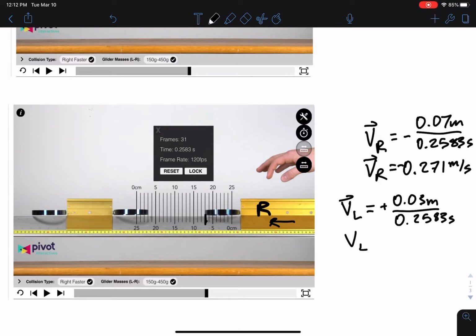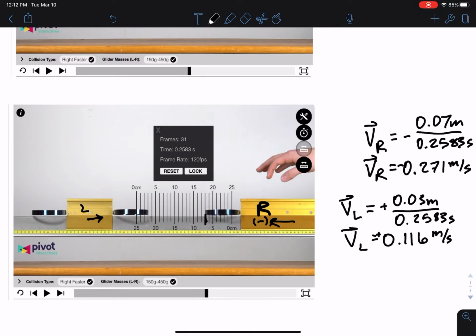If I crunch those numbers, 0.03 divided by 0.2583, I get a velocity of 0.116 meters per second, and again, that is positive. So clearly our right cart is moving faster than our left cart. It covered more ground in the same amount of time.